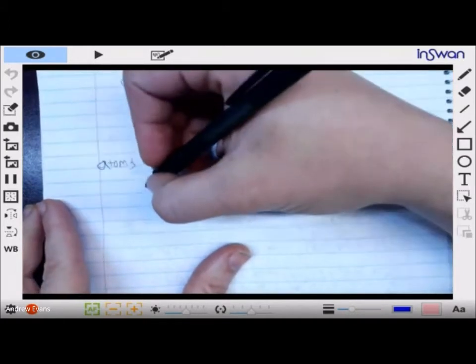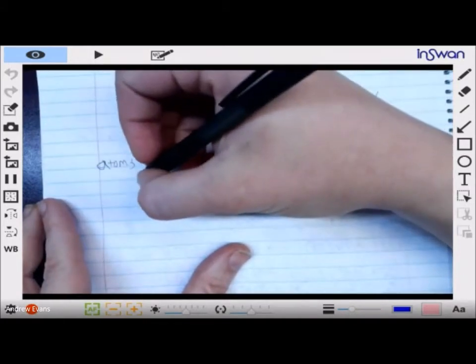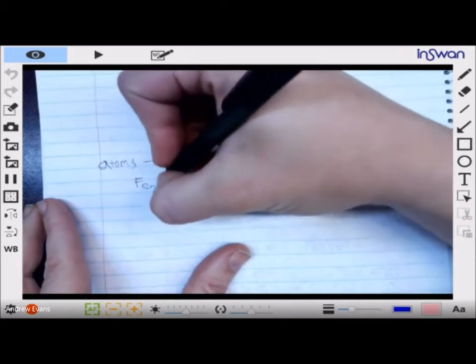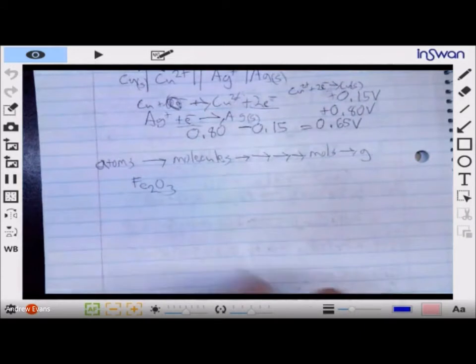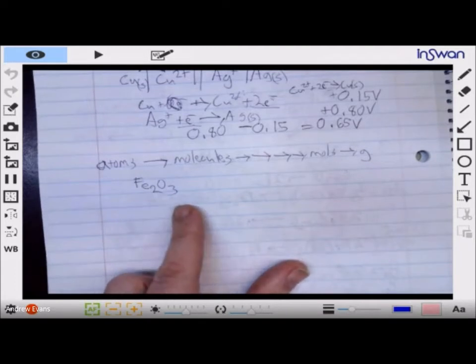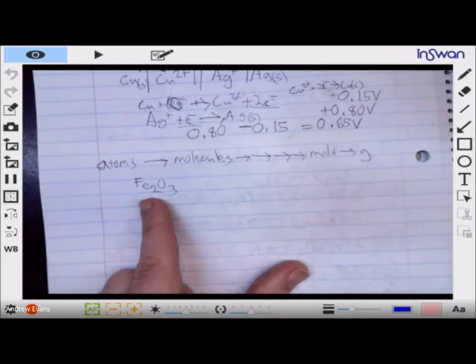For example, if I looked at, say, Fe2O3. As a molecule, that is one molecule of Fe2O3. It's a formula unit for a larger crystal structure of hematite, or just rust.